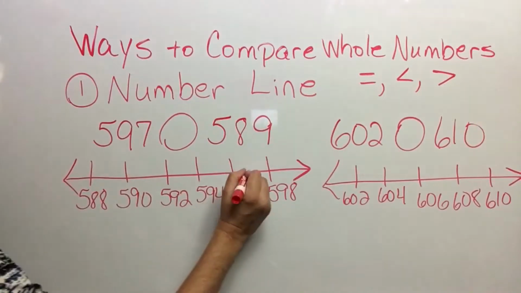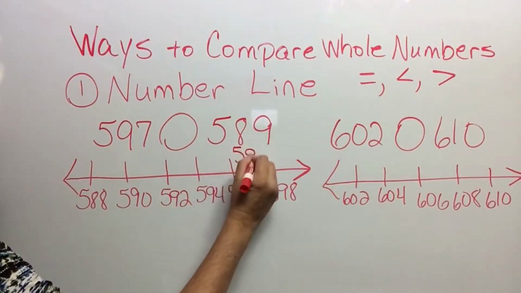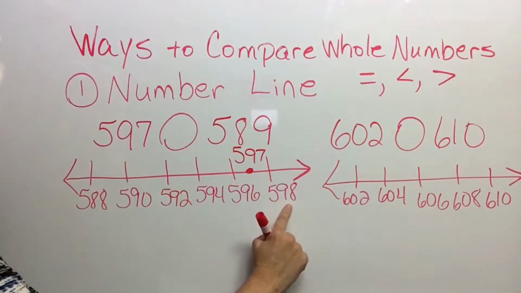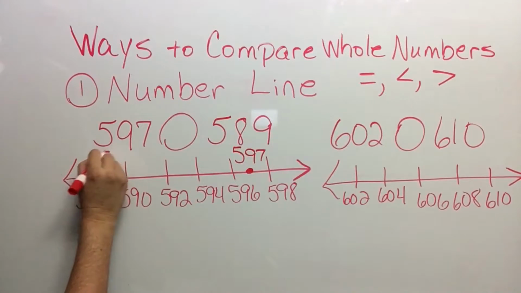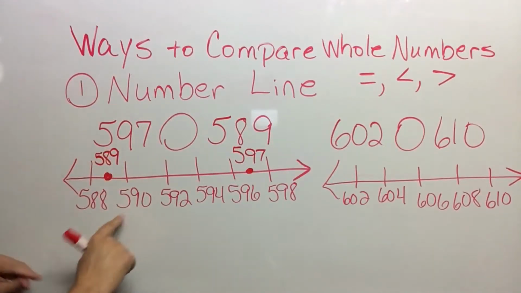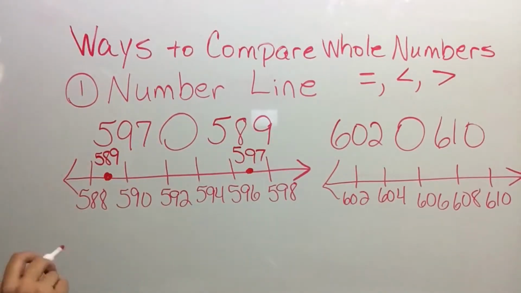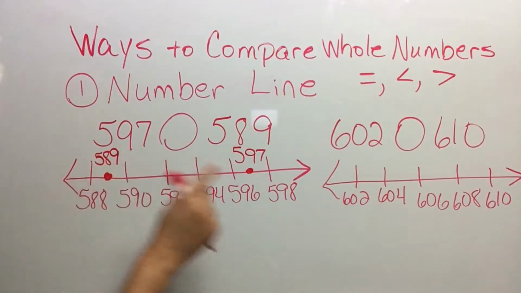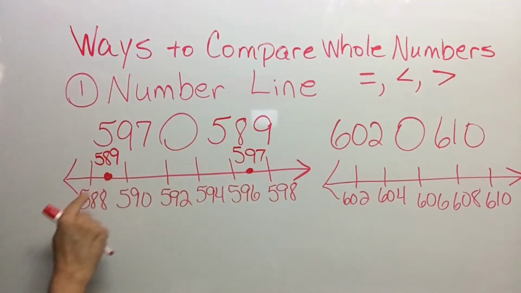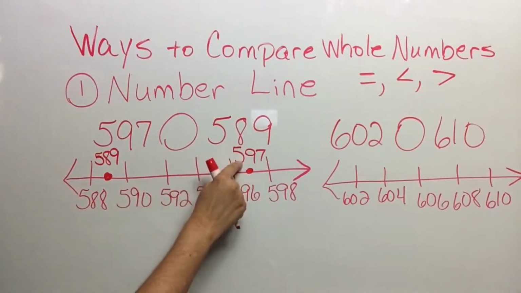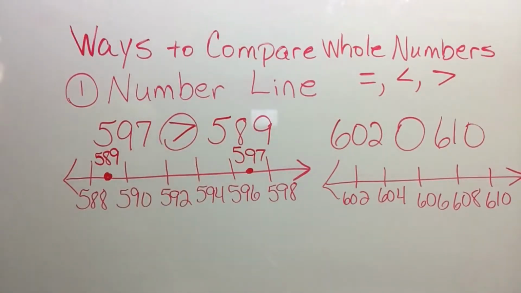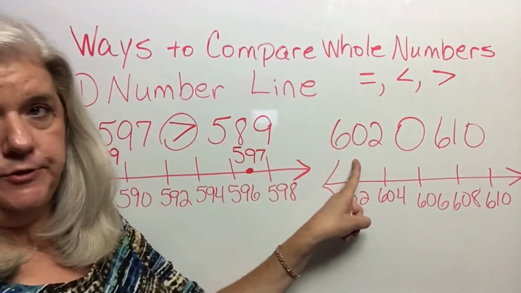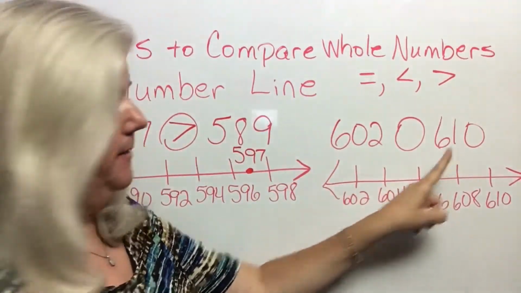So I know that 597 is in between 596 and 598, and 589 would fall between 588 and 590. So now I know, remember our rule, that numbers to the right are greater than numbers to the left. So 597 is greater than 589.